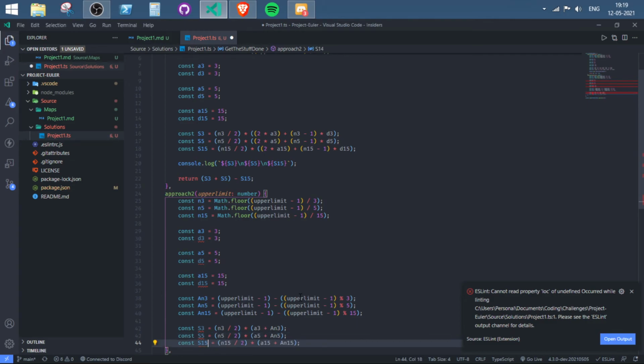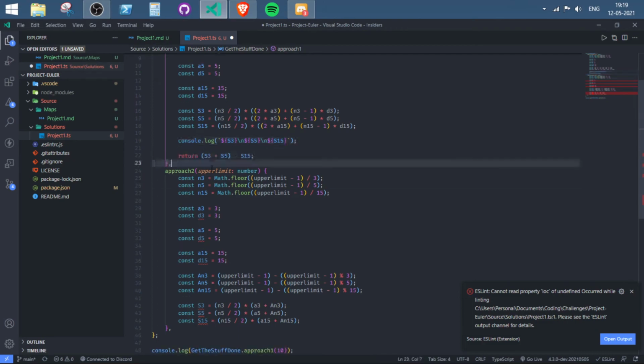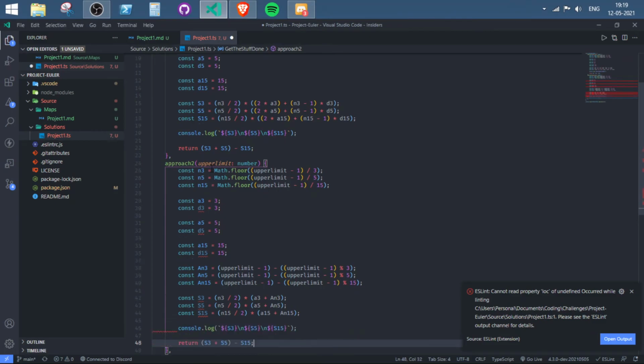And 15. And then we are gonna just return this. Like, approach 2 is not really needed, but for those who want a slightly cleaner and even more streamlined approach, they might want to use this.